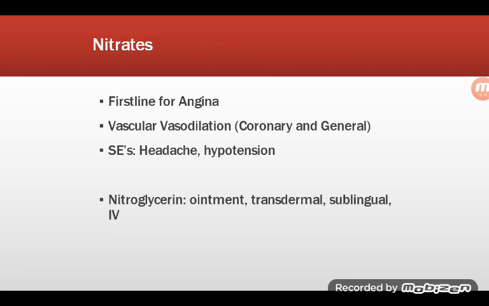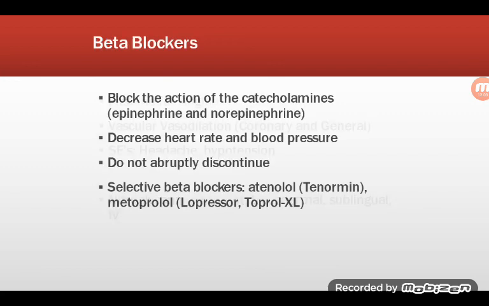Beta blockers block the action of catecholamines, epinephrine and norepinephrine, and we've talked about these 100 times, right? They decrease the heart rate and the blood pressure. We should know to tell patients do not abruptly discontinue, and they can be selective or non-selective. And we've talked about that before. Selectives go just for the beta 1s.